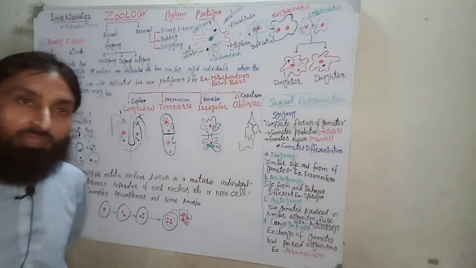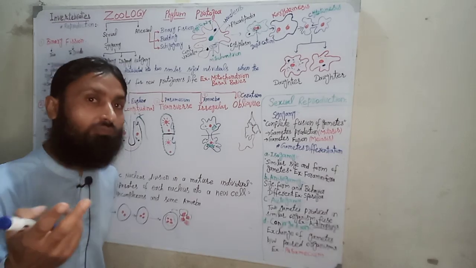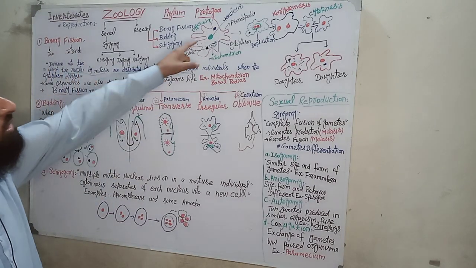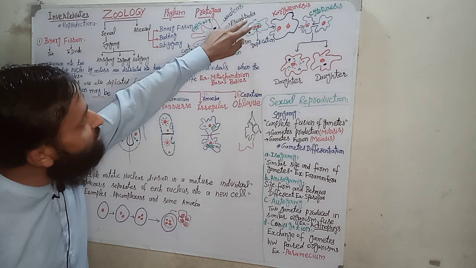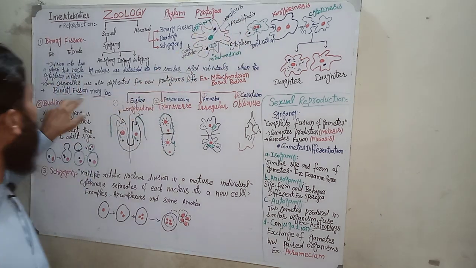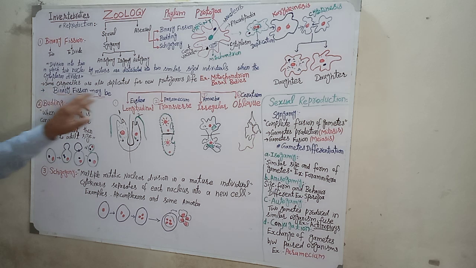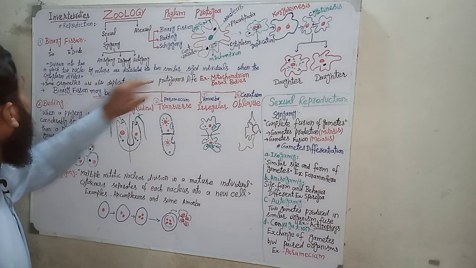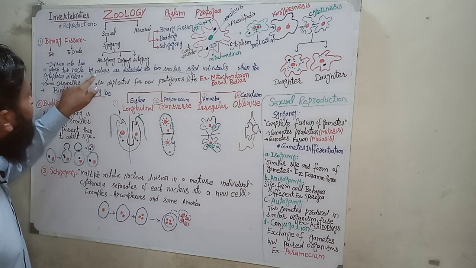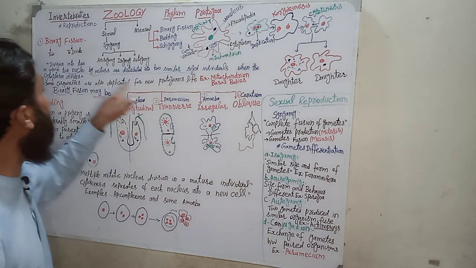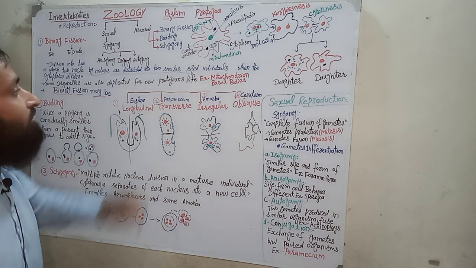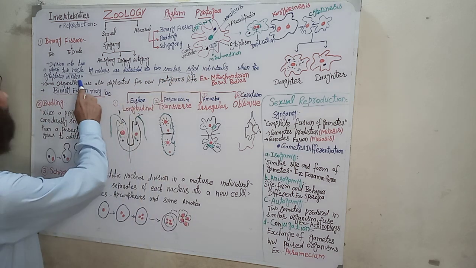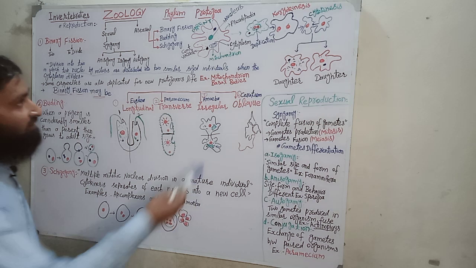The nuclei means the plural form of nucleus. So you are seeing here that there are 2 nuclei. Therefore, we are saying that 2 nuclei by mitosis are distributed into similar sized individuals when the cytoplasm divides.